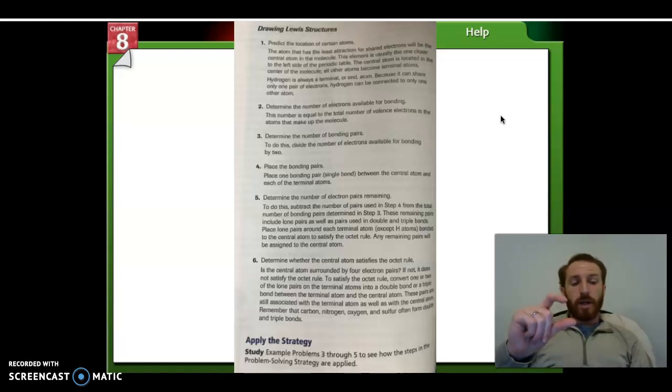Well, if I want my central atom to get to 8 valence electrons, if I just put each of those pairs around the outside of my carbon, my central atom, guess what? Carbon's happy. And then I just have to put my hydrogens on each of those spots where there's a pair that I've created, and guess what? Each of the hydrogens are happy, right? It doesn't always work that nicely, but that's the general gist of it.